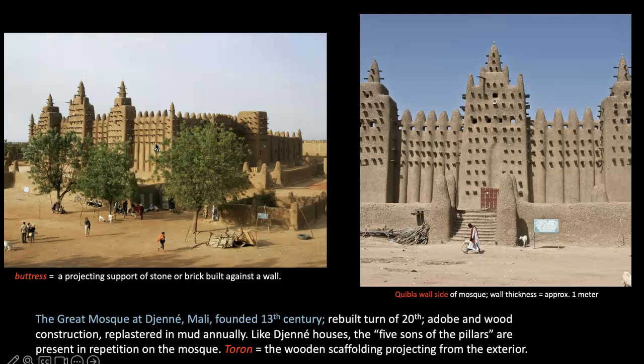One function of that is it truly does function as scaffolding, as people can literally climb up those projected wood elements that are harvested from palm trees locally, a desert plant. That is a useful thing to be able to do when that annual replastering is needed for that mosque.